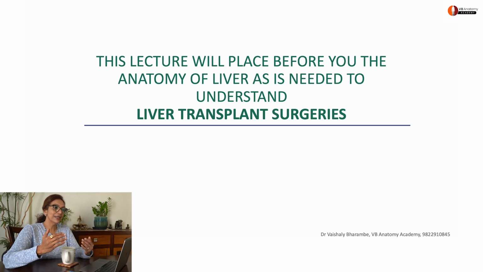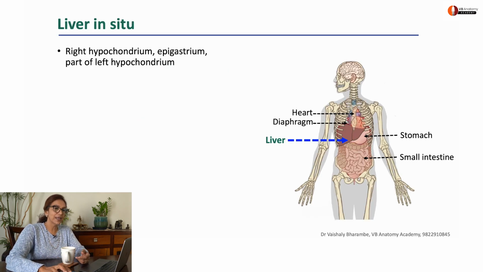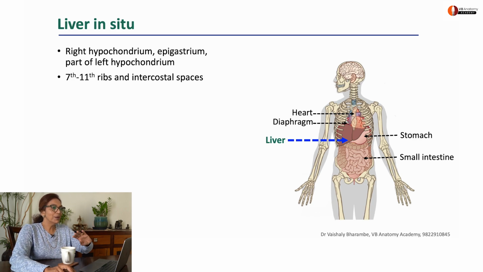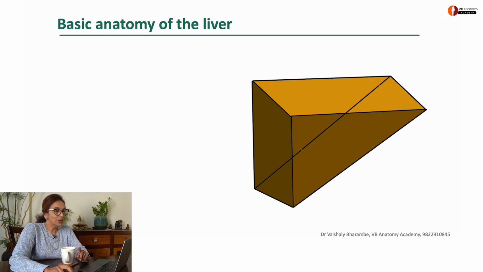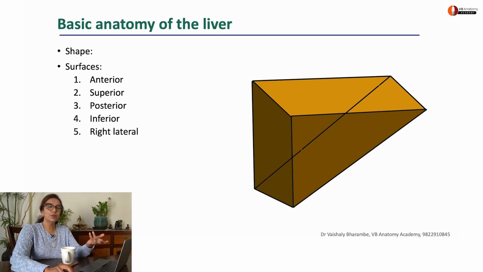So I'm going to place that anatomy that you need to understand liver transplant surgery. Let's begin. First, where is the liver? We know that liver is in the right hypochondrium, epigastrium and left hypochondrium region, covered by 7 to 11th ribs and intercostal spaces. It's a wedge-shaped organ having anterior, superior, posterior, inferior and right lateral surfaces.